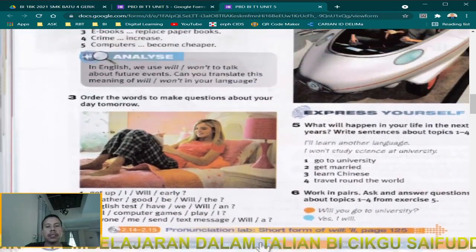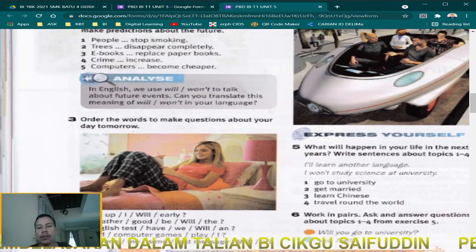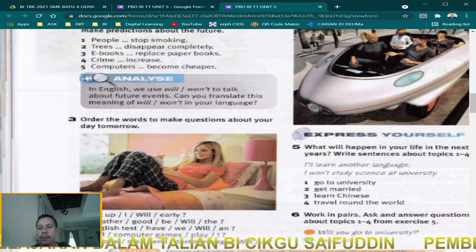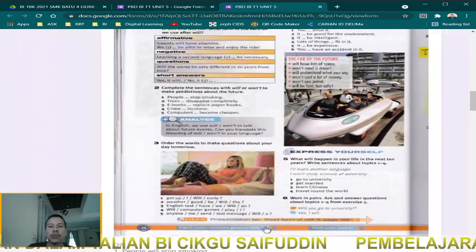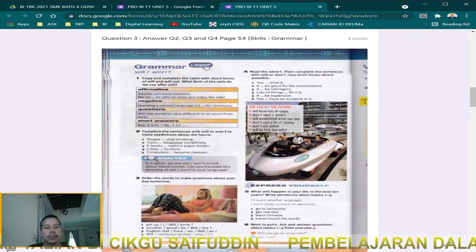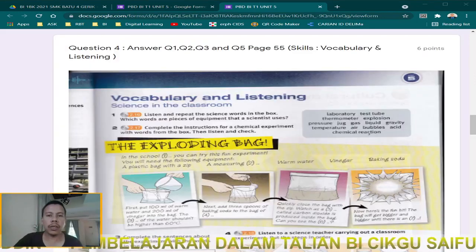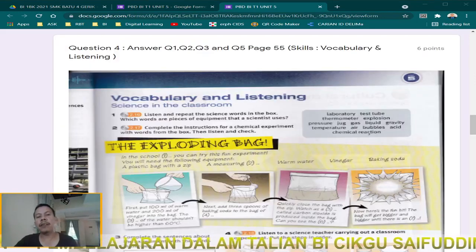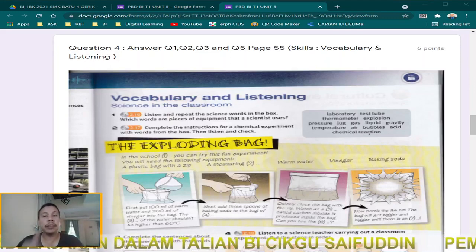Okay, that's the answer for the question on page 54. So let's go to the next page. Okay, for the next page, page 55, question 4, you have to answer question 1, 2, 3, and 5.